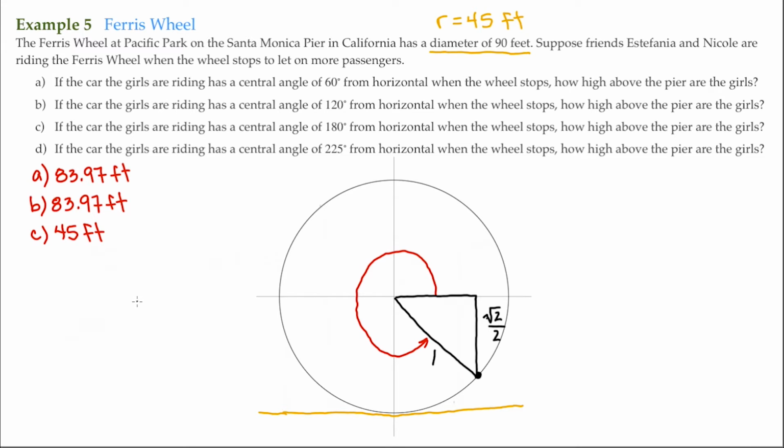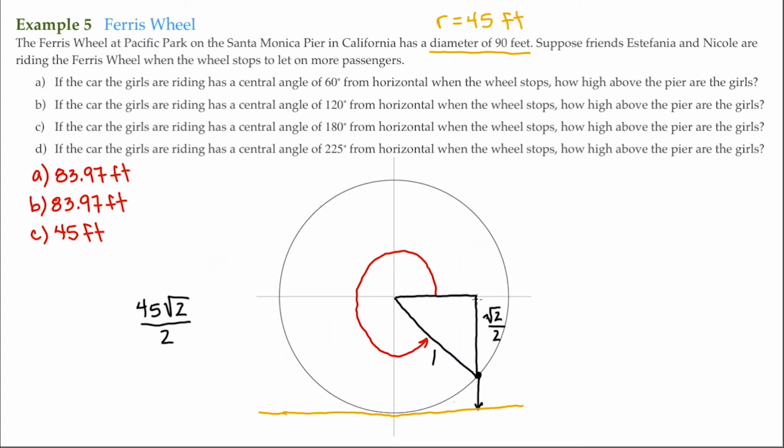So we do 45 times the square root of 2 over 2. Now that's this measure right here. We want to know what this measure is right here. We want to know how high they are above the pier.